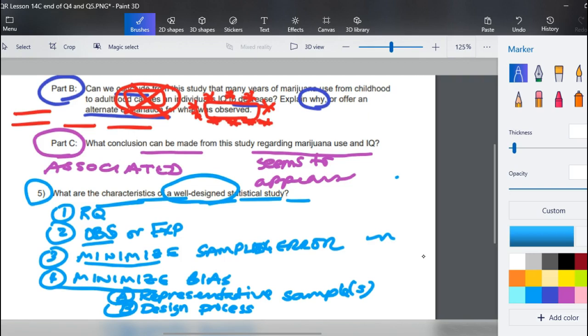So I have a few more thoughts to tell you. These are not on your page. These are just some thoughts I want you to jot down and add into this lesson. Purpose: when we are looking at the purpose of an observational study, the purpose is to infer to a population.